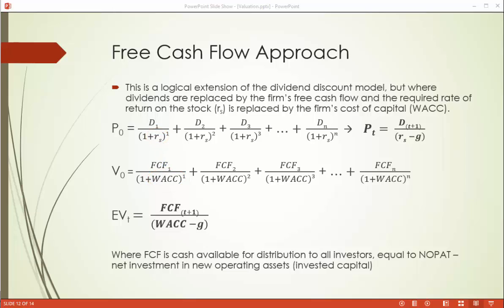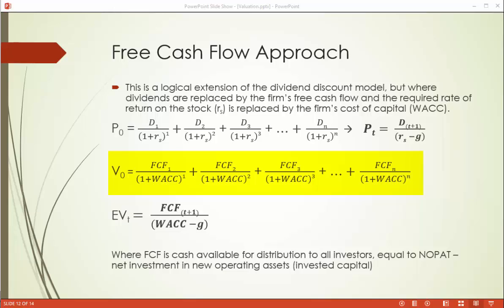The price today, this is for the firm valuation model. Dividends, all discounted at the appropriate rate, the appropriate number of periods, and we end up with the formula we've already looked at several times. If we extend that to the value of a firm, the value today, V sub 0, is going to be equal to the present value of all the future free cash flows of the firm.